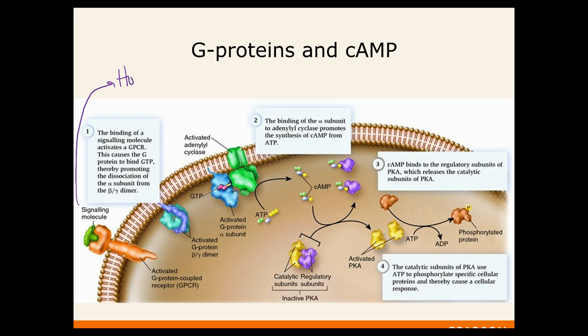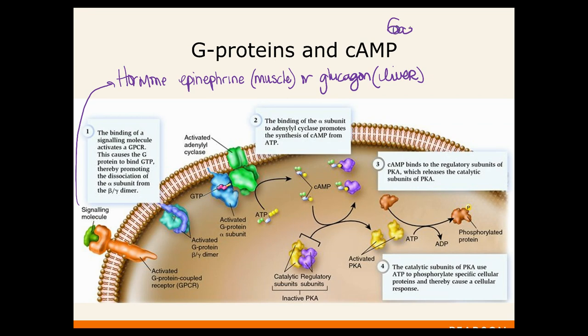That's going to be, once again, epinephrine in the muscle or glucagon in the liver. Once again, the goal for those particular hormones is to free up glucose. We have a need for glucose, a need for energy. We'll come back to that part in metabolism.